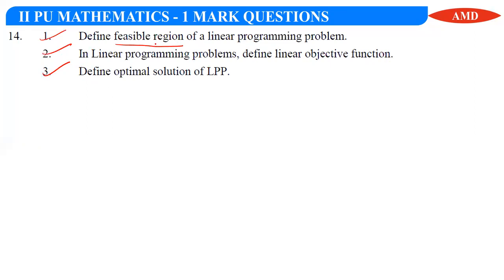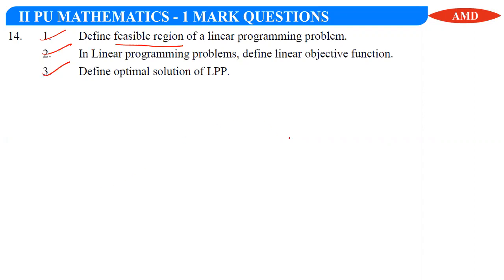If you have understood the LPP problems, you don't have to learn these definitions by heart. From your understanding, you can say a feasible region is a region bounded by the constraints, or you can say it is the region determined by the constraints of an LPP problem.